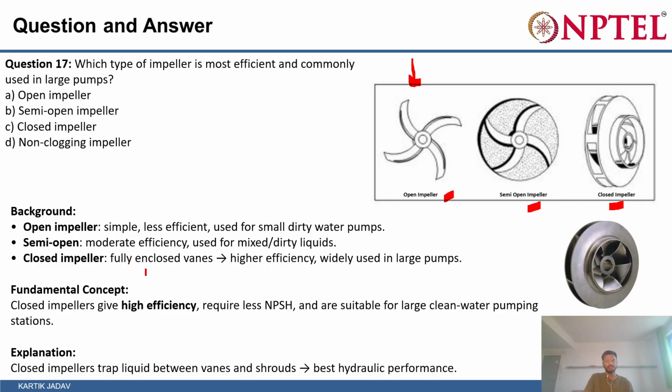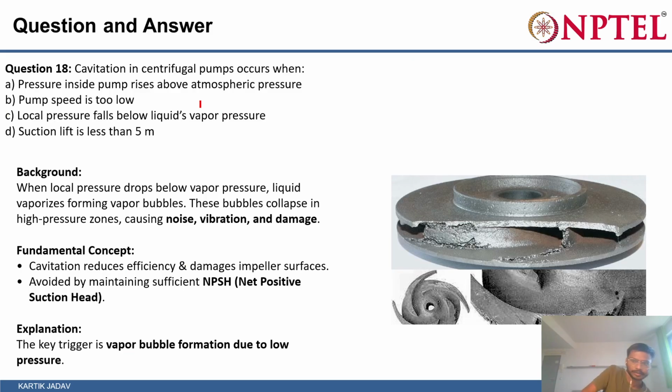And closed impeller is fully closed and has higher efficiency and is widely used for large pumps and clean water. So correct answer is option C. Right, closed impeller. So it is generally used for large pumps, used for clean water.